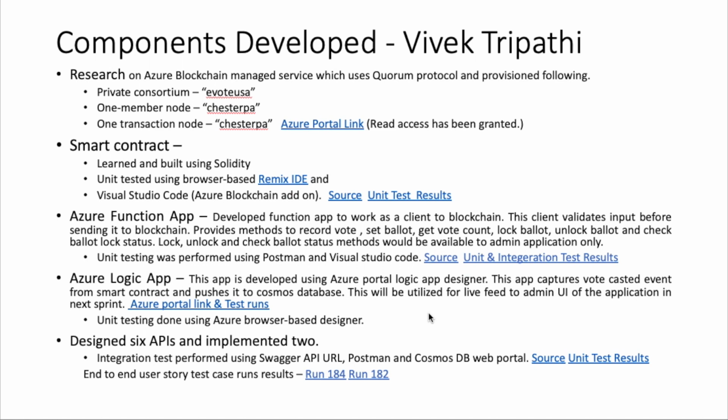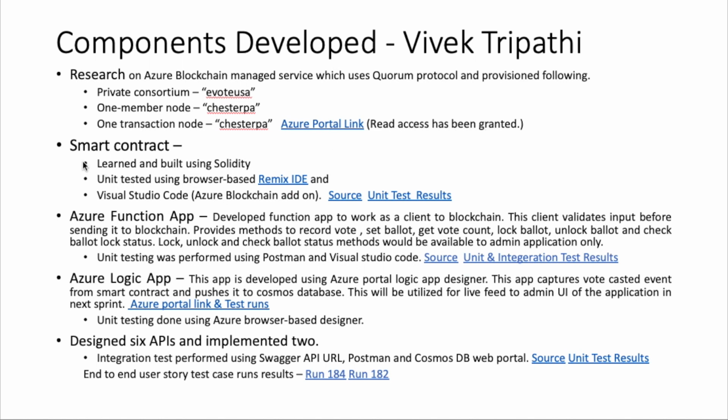I worked on blockchain and provisioned a private consortium of blockchain, eVote USA. I also provisioned a member with a transaction node as well as a validation node. Both nodes are named the same way, Chester PA. Link is provided here and access is also granted.